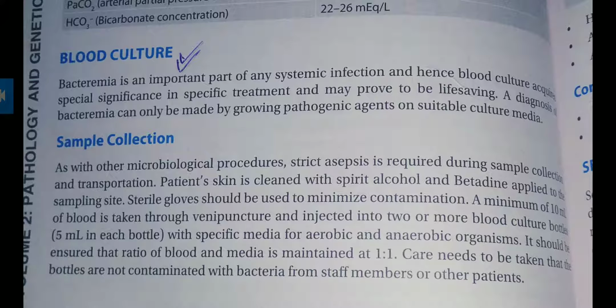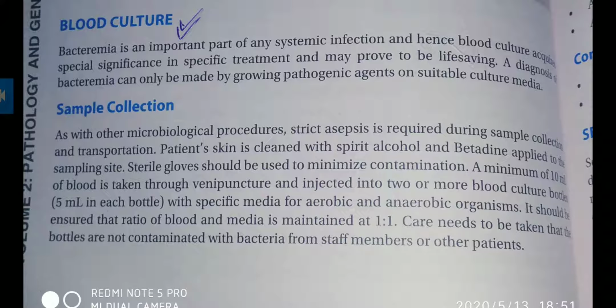Care should be taken that bacteria from staff members or other patients do not contaminate the bottles.